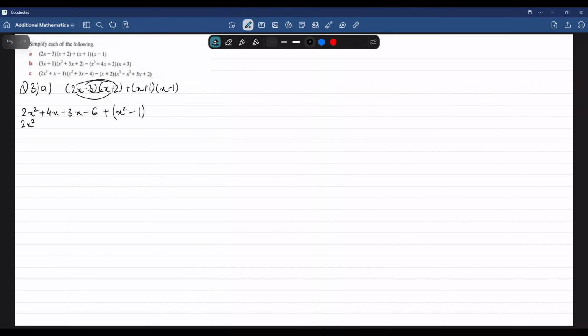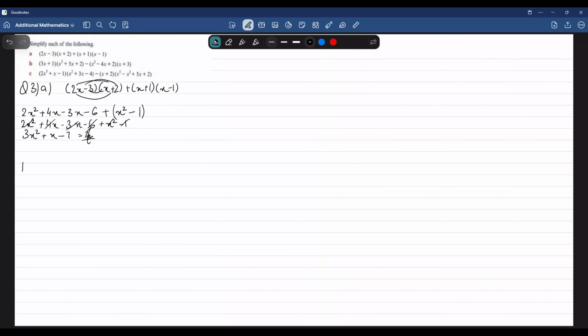So simplify this to x squared plus 4x minus 3x minus 6 plus x squared minus 1. Simplify this to x squared plus x squared would give us 2x squared. Then 4x minus 3x is going to give us plus x, and minus 6 minus 1 is going to give us minus 7. And that is your answer. 2x squared plus x minus 7 is your answer for question number 3.